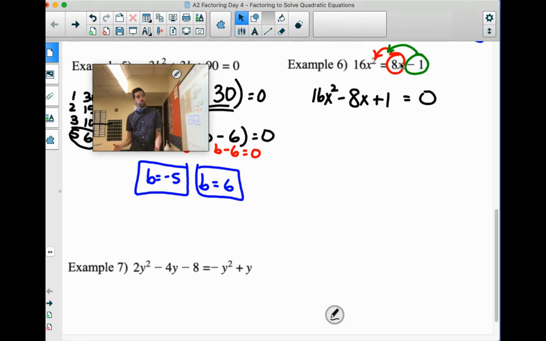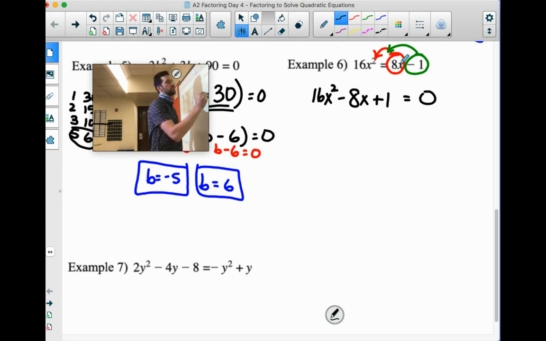Look for common factors. They don't have any. I can do 16 times 1, certainly. But I can square root 16. I can square root 1. This might be a perfect square trinomial. Square root of 16x squared is 4x.